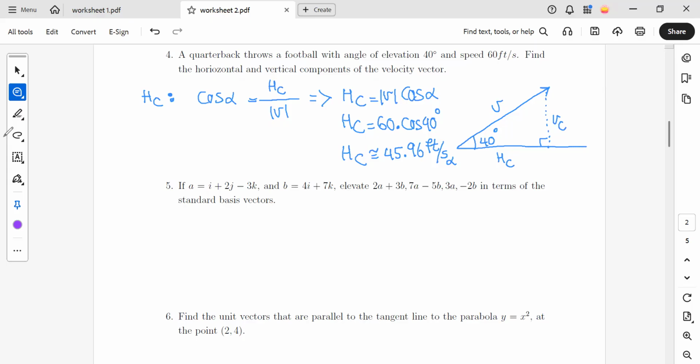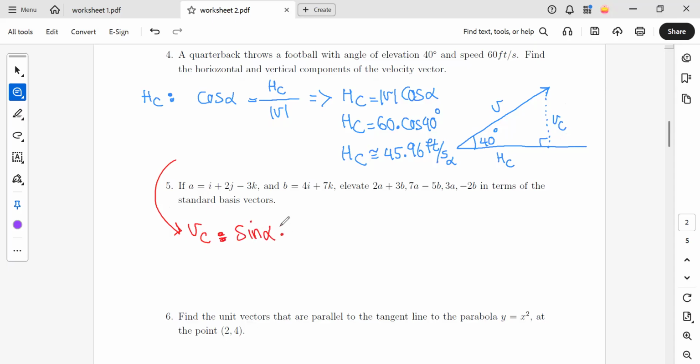Same idea for the vertical component. Let me write that here. Since the vertical component is the opposite compared to alpha, we would think of sine of alpha.